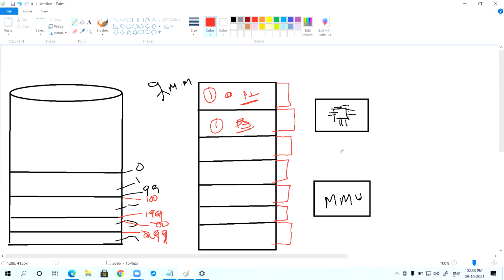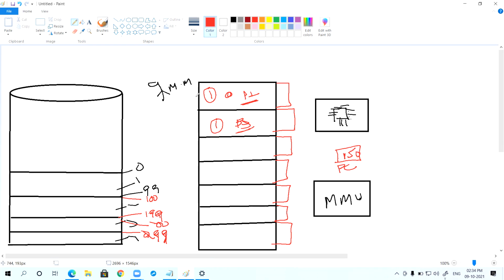Now, I hope all of you know what a program counter holds. It holds the address of the next instruction. Suppose my program counter is holding 150.